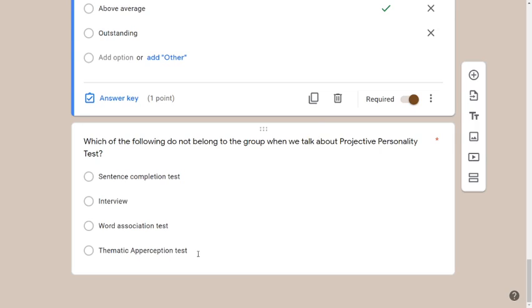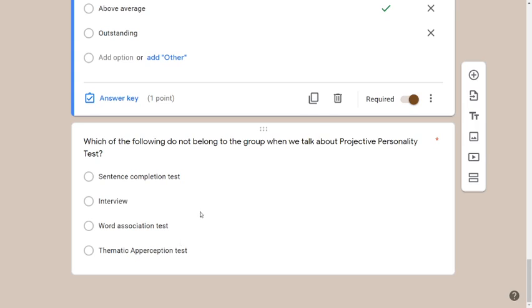So options A, C, and D are part of the group. Therefore, interview is not a projective personality test. Why? Because we use that during our interview when we do our survey. In most cases, we use it to draw data or information, sometimes opinion. It may appear, but its primary use is not really to do a projective personality test.